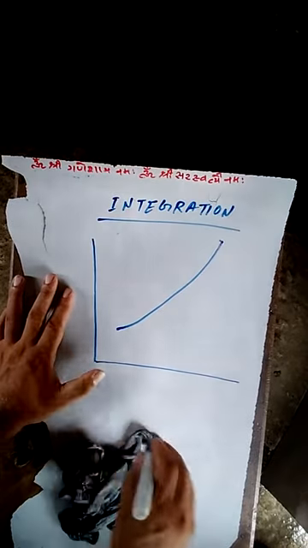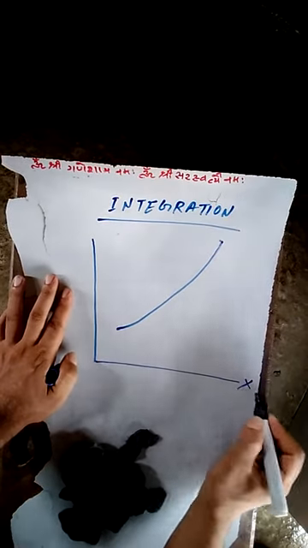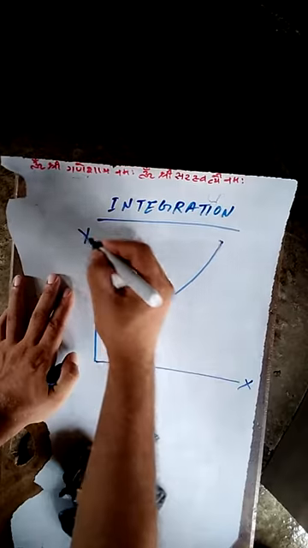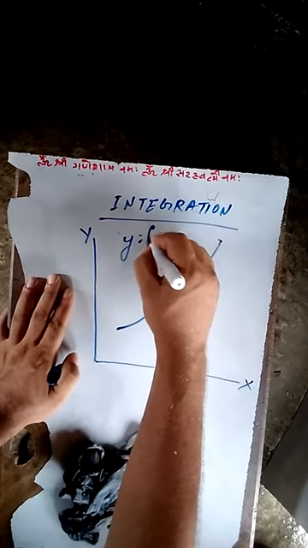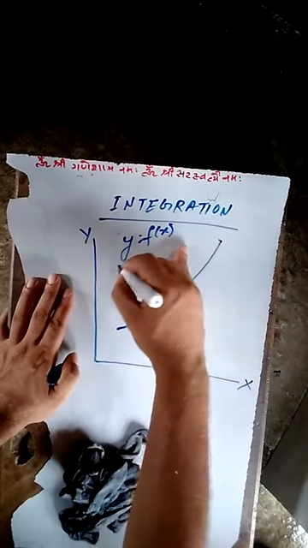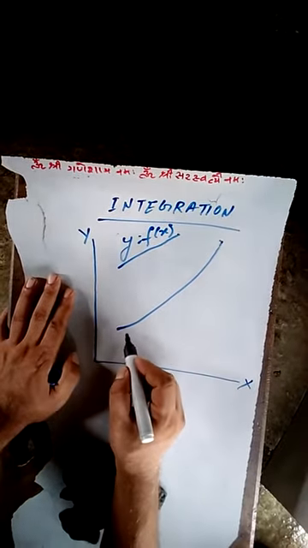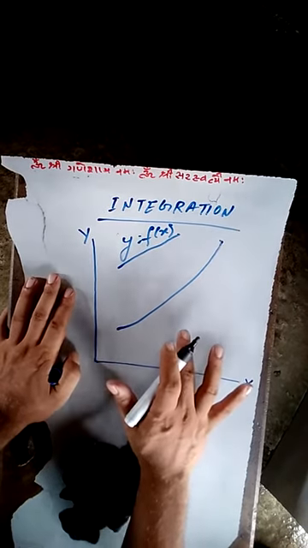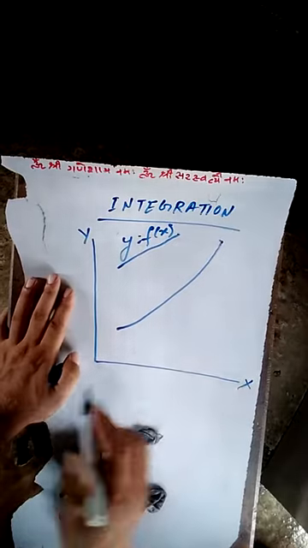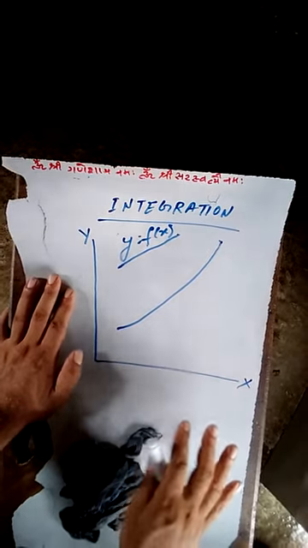So what is the area under the curve? This is the x-axis, this is the y-axis, and this is y is equal to f(x), meaning y is a function of x. This is any curve, and you will have an equation for this curve. We have to find the area under this curve.